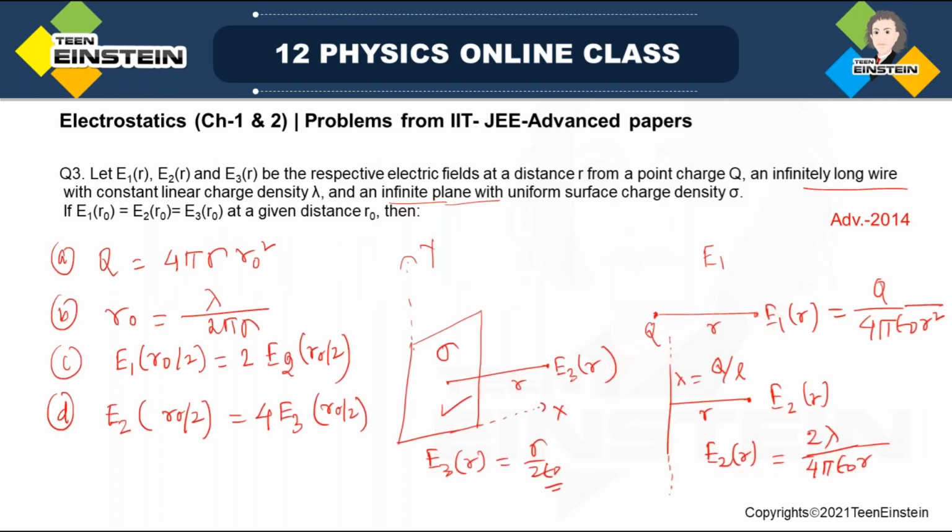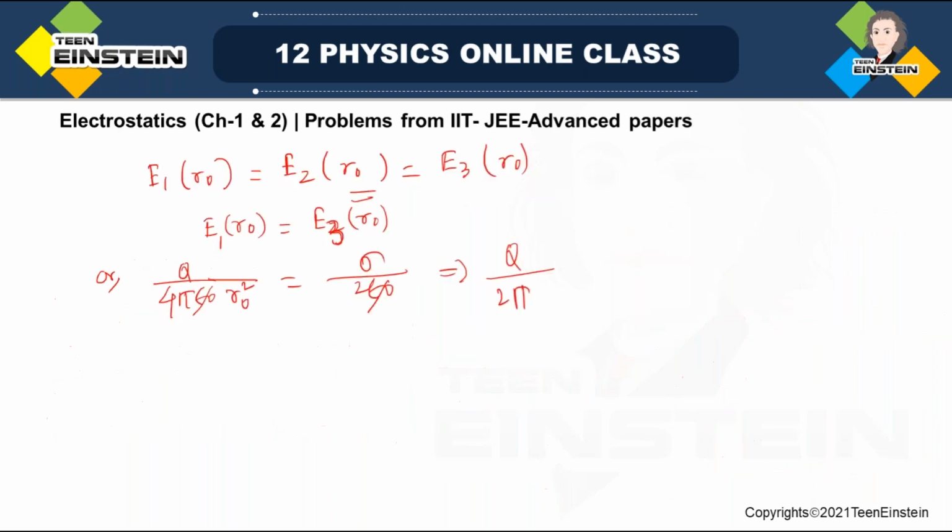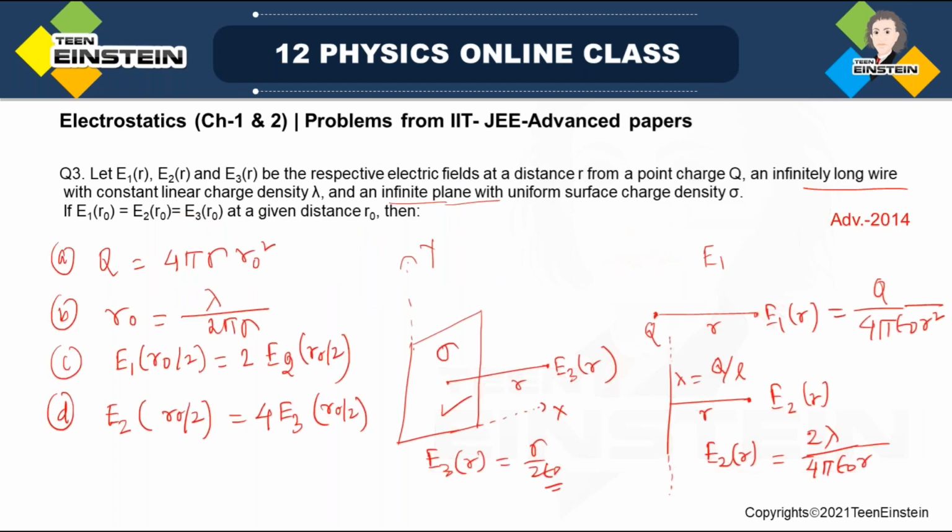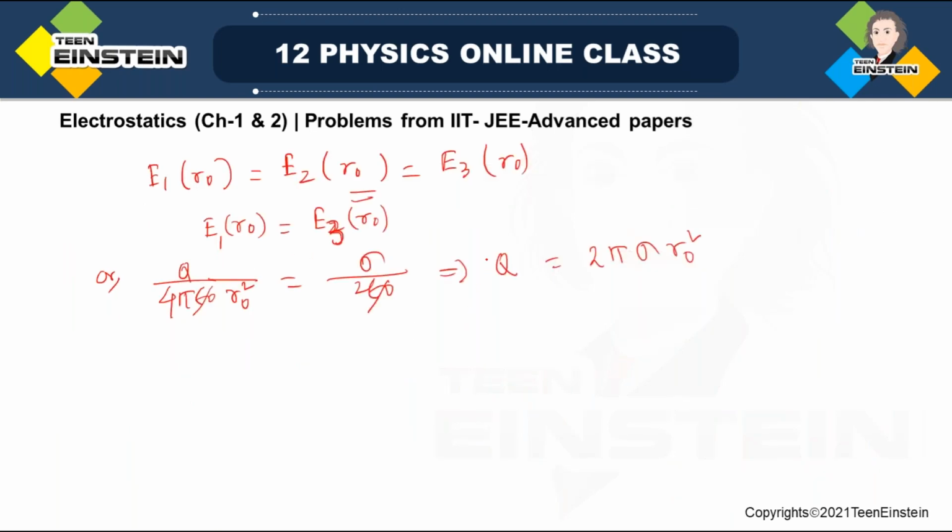Let me see the options. One option is Q. We'll see whether we get Q like that. Let us find out the Q from here. So what is Q then? It is becoming 2 pi sigma R0 square. So this is actually 4 pi sigma R0 square, so that's why it is not correct. Q we have found out and we see that it is not true.